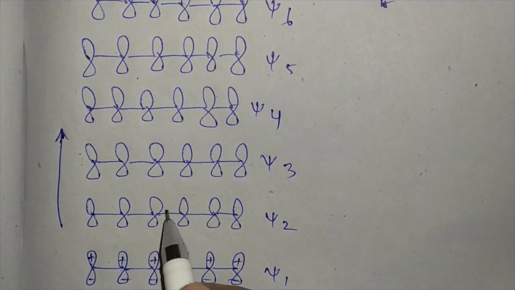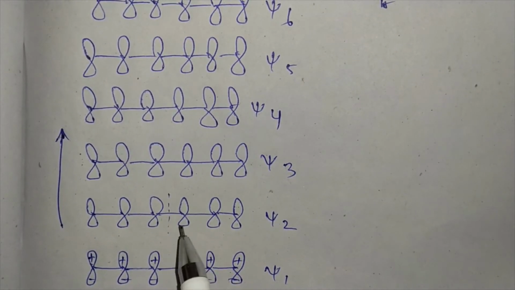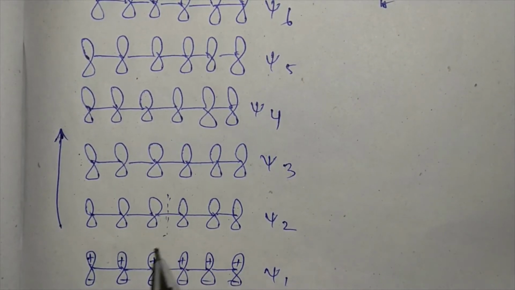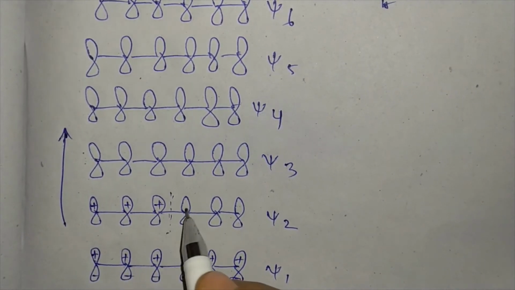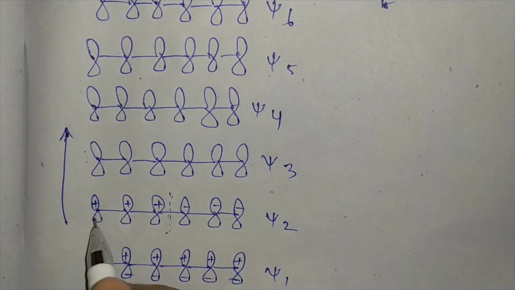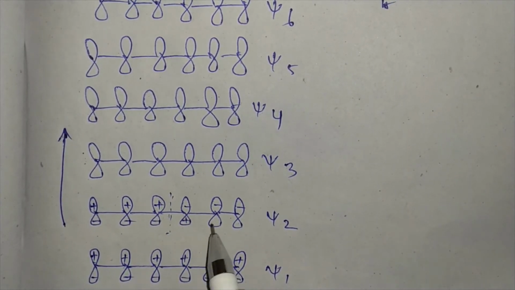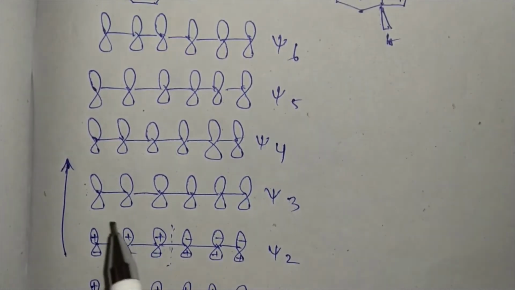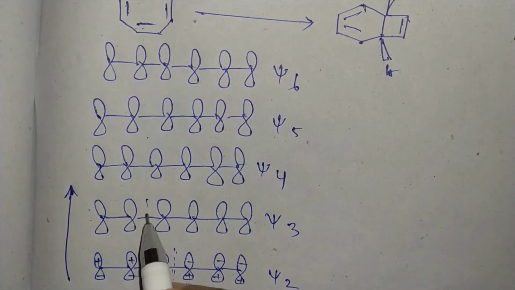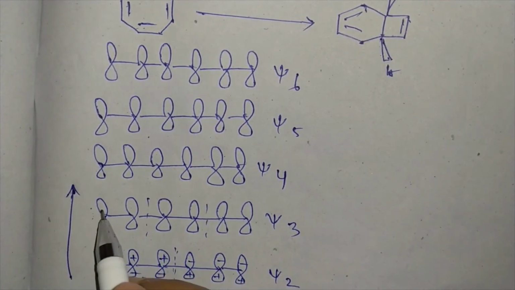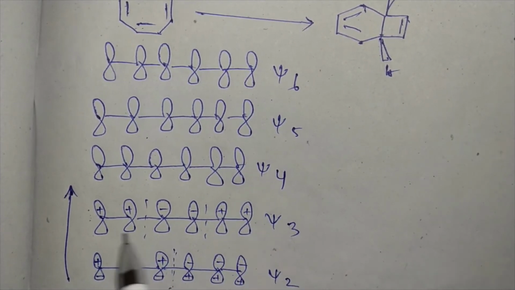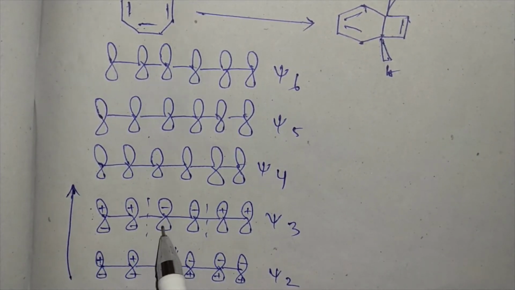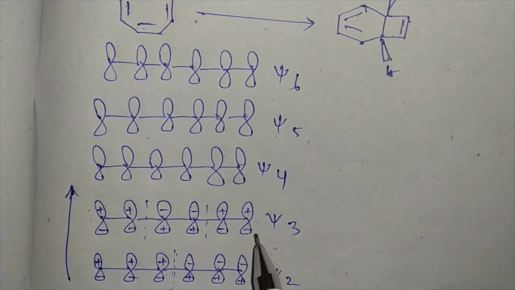Here all the same signs will be there. One anti-bonding interaction, one nodal plane will be there, so this is plus minus plus. Here two nodal planes will be there, plus minus minus.